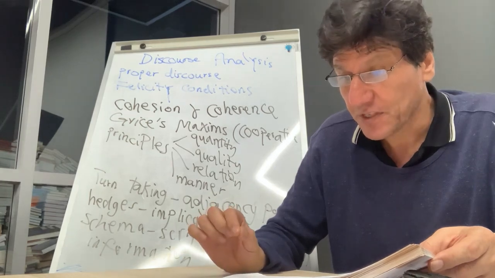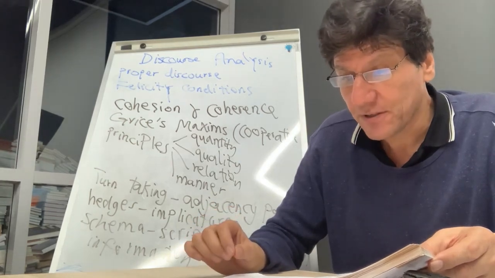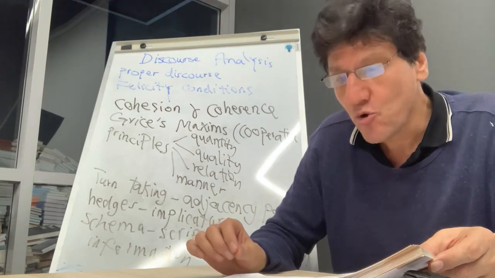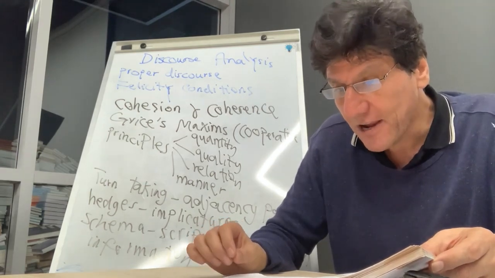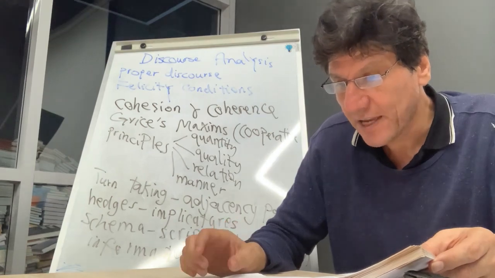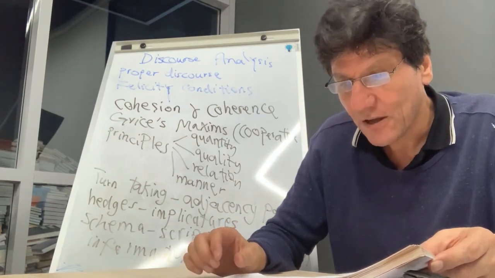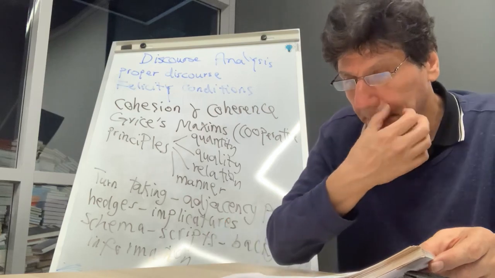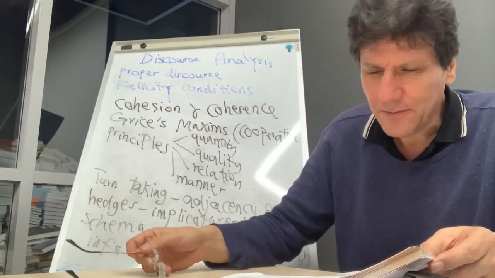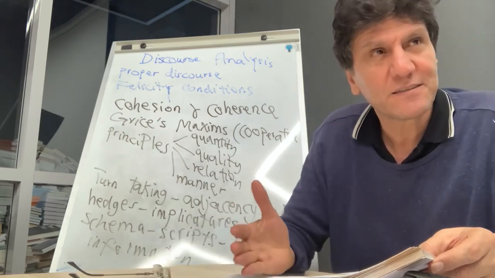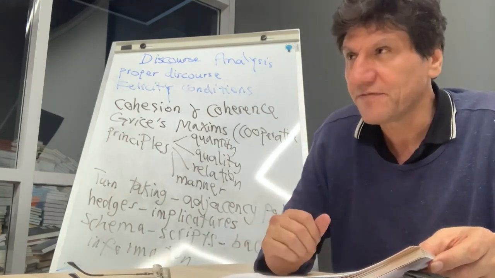Hedges can be defined as words or phrases used to indicate that we are not really sure that what we are saying is sufficiently correct or complete. I want to explain it more easily than the book, because the book may be confusing.